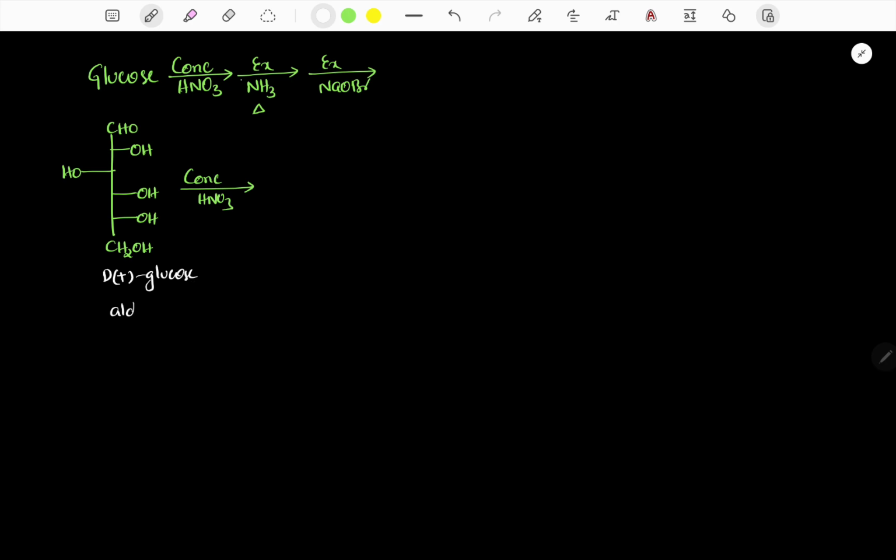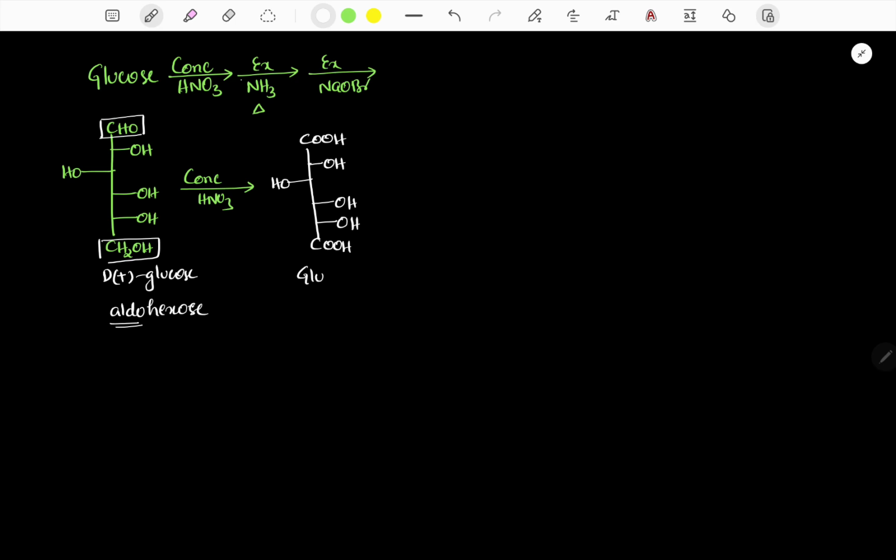It is an aldose, and since it has 6 carbons, it is an aldohexose. When an aldose is treated with conc HNO3, the aldehyde and the primary alcohol both undergo oxidation. Both carbons undergo oxidation without affecting the remaining alcohol groups.